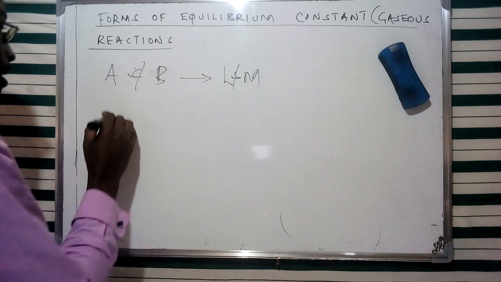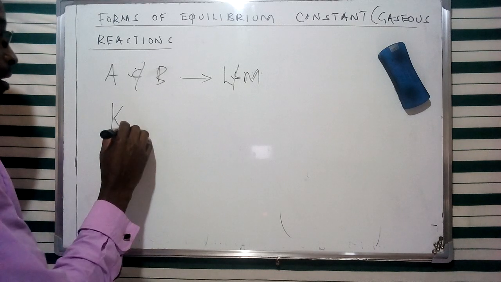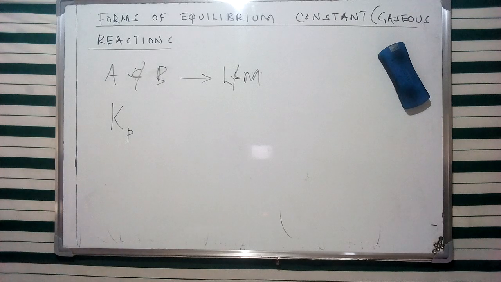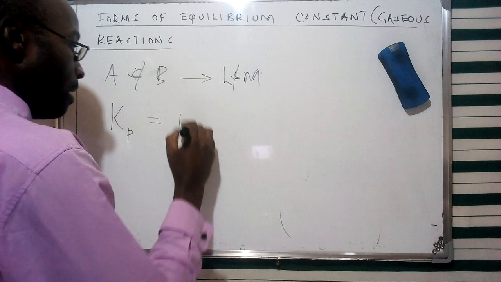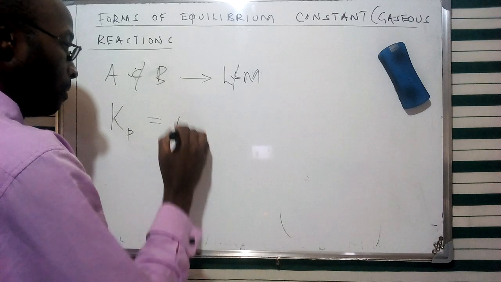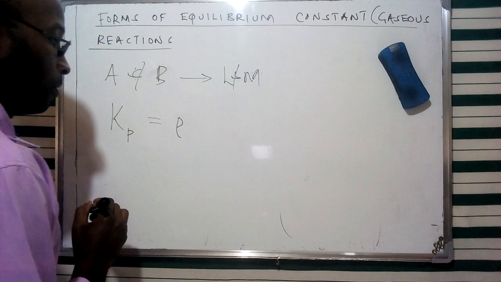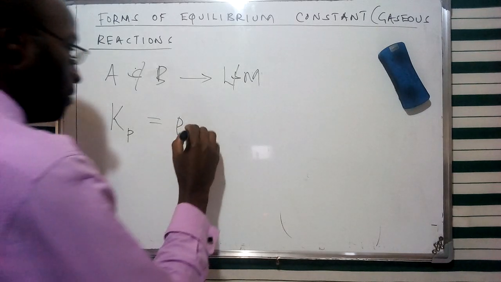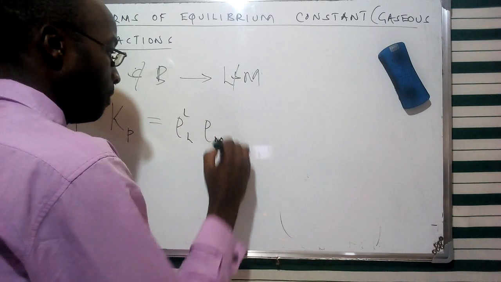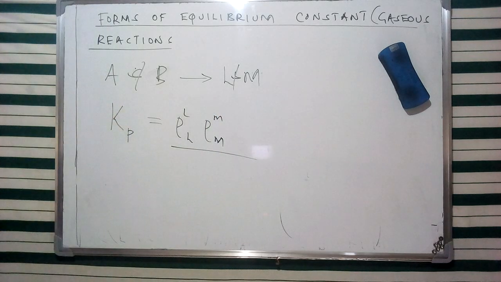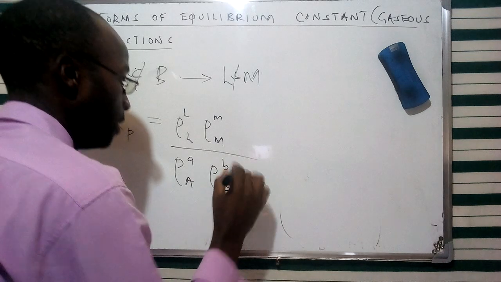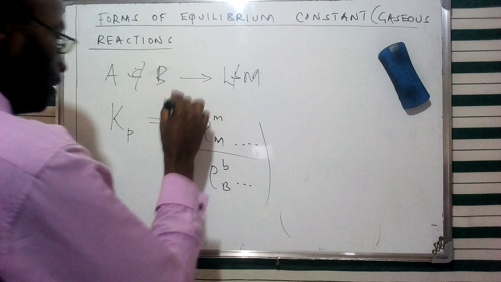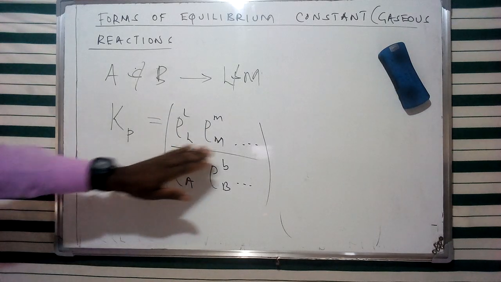Therefore, we can give the equilibrium constant of this reaction by considering their partial pressures P. For regularity, I'm just going to give it in that form: we have P_L to the power L times P_M to the power M, over P_A to the power A times P_B to the power B, and these go on to cater for any other variable contained in that case.